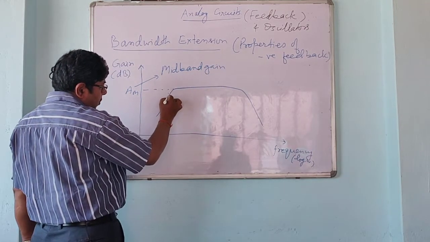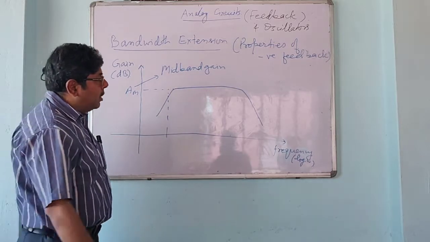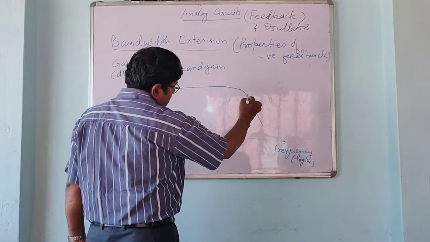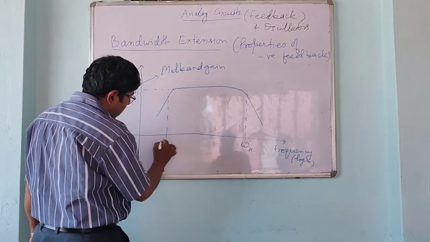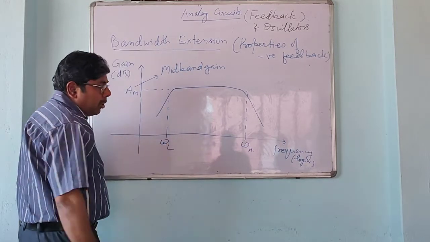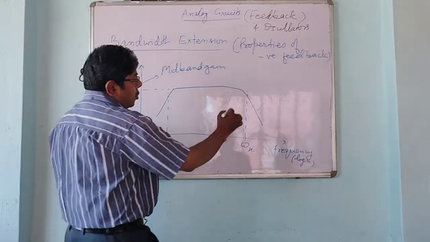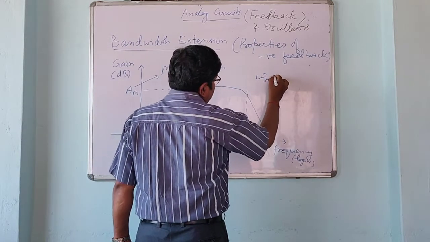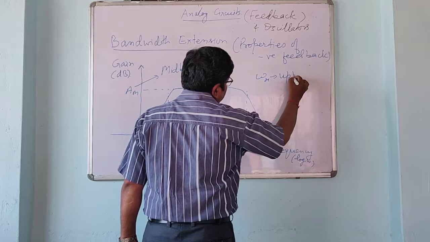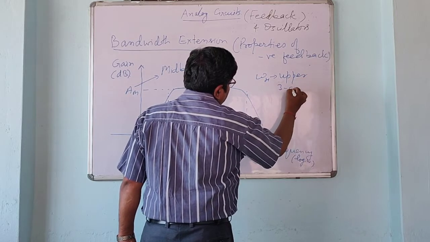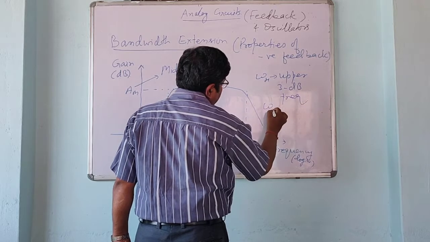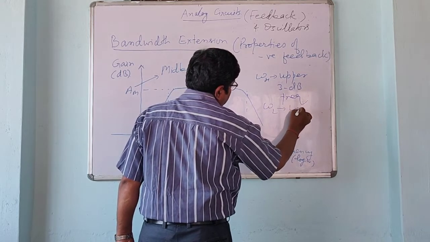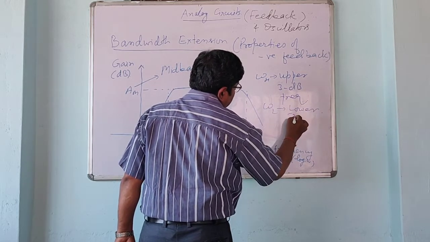and we have two frequencies. One is called the upper 3 dB, and this is called the lower 3 dB. So omega h is the upper frequency, upper 3 dB, and this is the lower 3 dB frequency.